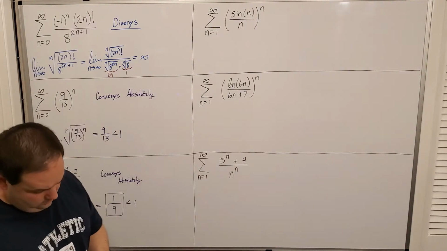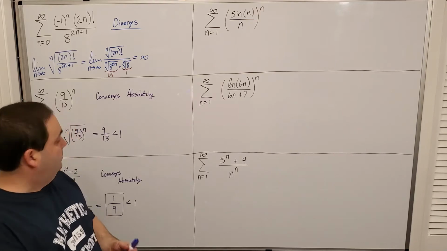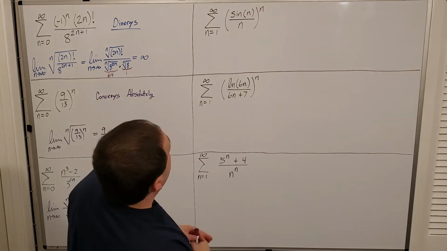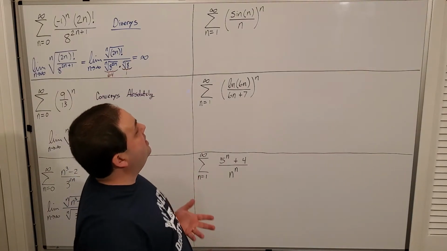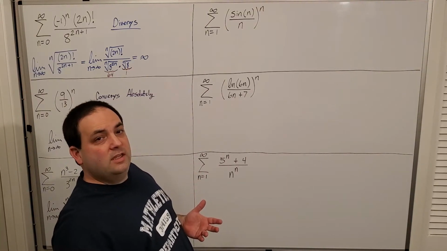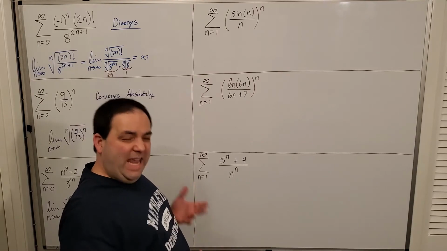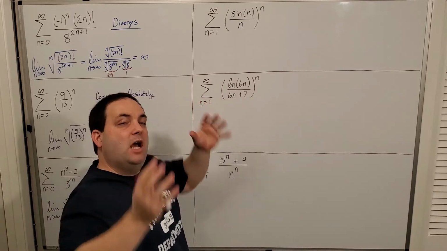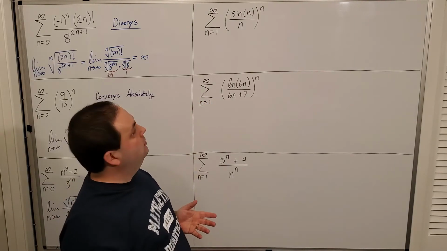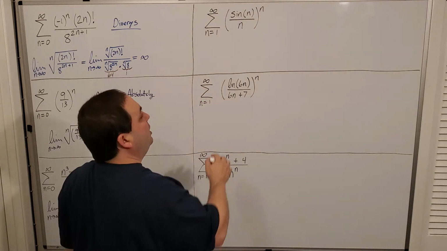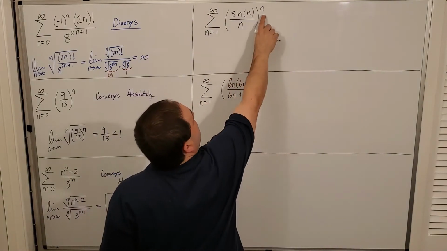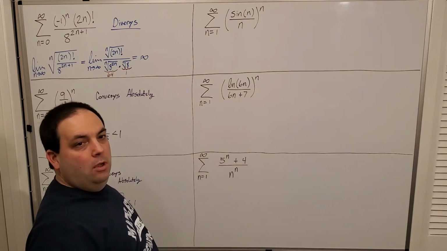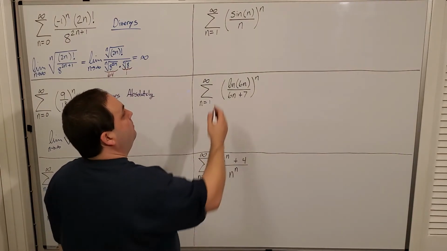Okay. Next, let's take a look at this guy. Now, some of these series, as you're going to see, without the root test, it would be a real headache, even with the ratio test, because the n power is on an entire large weird group. So right here, I'm going to immediately go for the root test simply because of this overall n power on the series there.